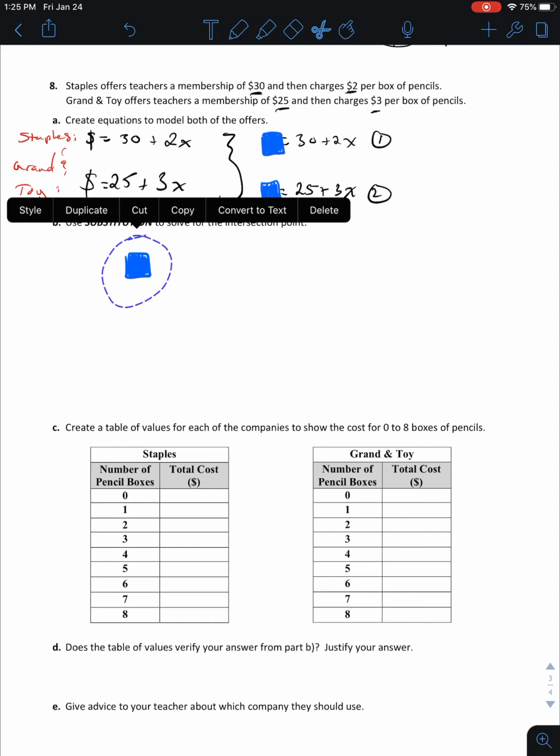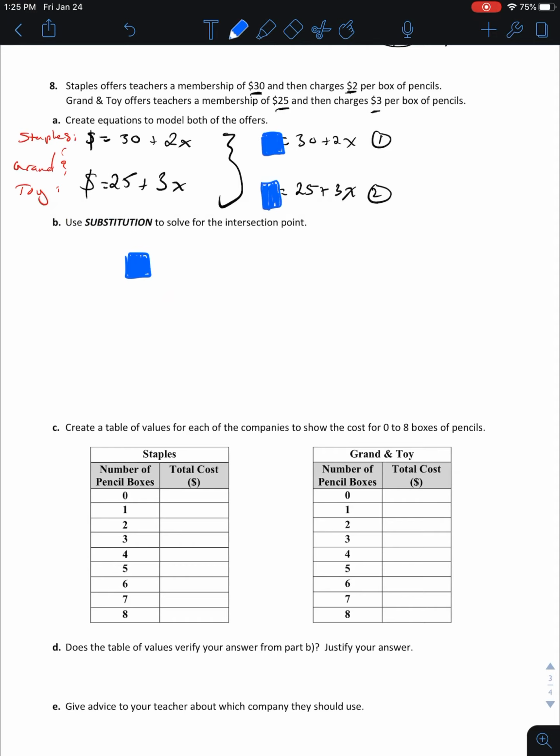So you could write a blue box in the middle. What is a blue box equal to? 30 plus 2x is equal to a blue box, but a blue box is also equal to 25 plus 3x.